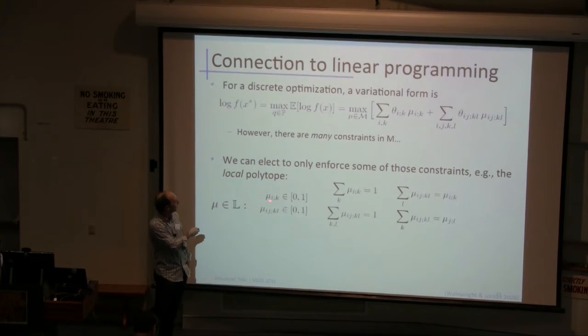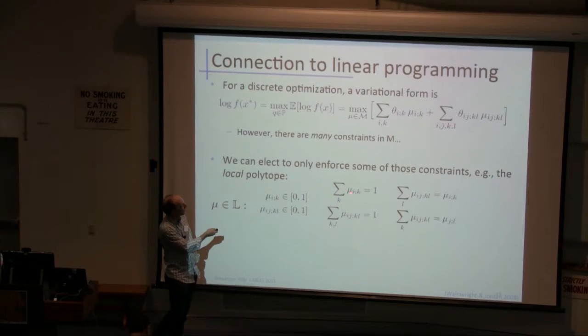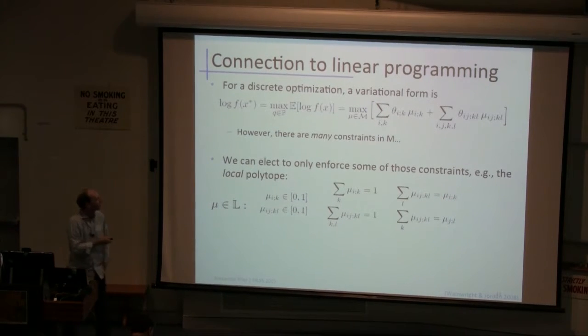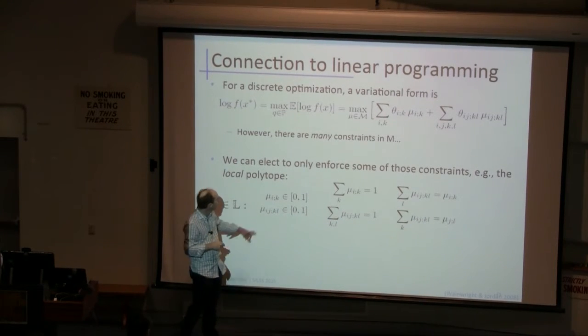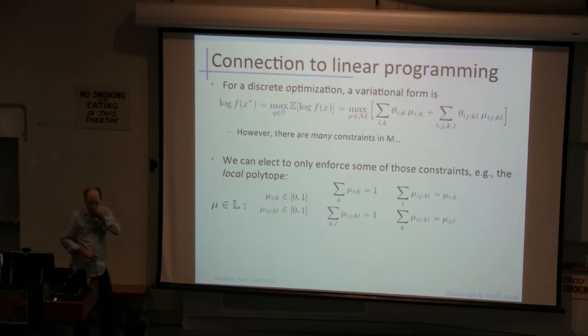Certainly, all the probabilities need to be between 0 and 1. The probabilities over xi need to sum to 1. And the probabilities over xi and xj jointly need to sum to 1. The probabilities over xi and xj marginalized over xj must equal the marginal probability of xi, and so on. So we call this the local polytope because while it's not enforcing all the possible consistencies, it's enforcing local consistency between pairs xi and xj and individual variables xi.